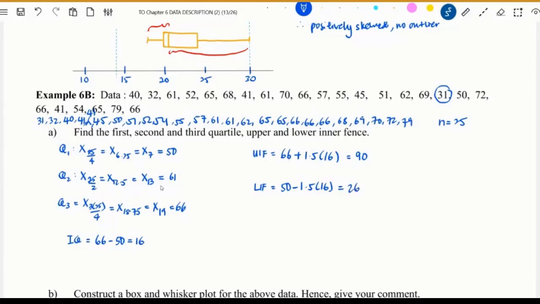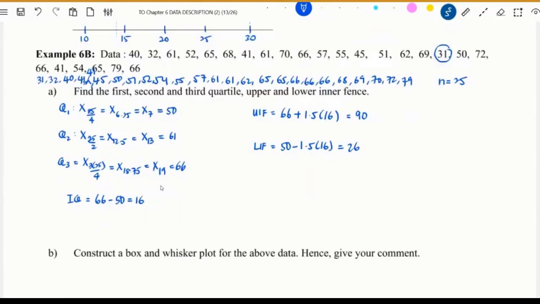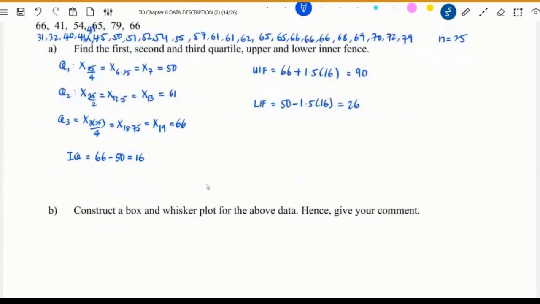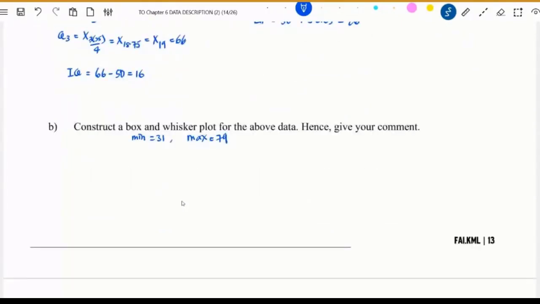So to construct a box and whisker plot, you need another 2, which are minimum and maximum. So minimum, which is 31, maximum, which is 79. So plot it. So let's say I'll make the scale 20, 30, 40. So let's say I'll bring up first.